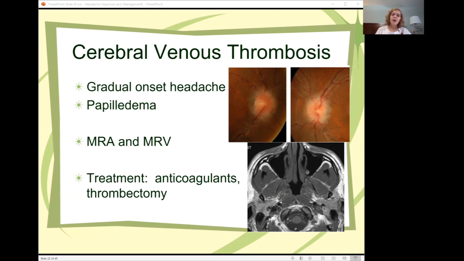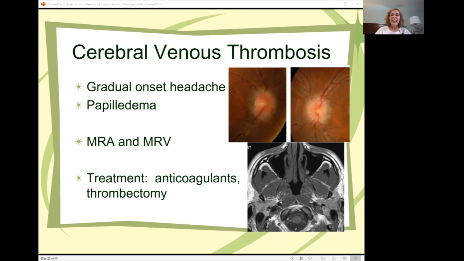A headache occurs in 90% of patients with cerebrovenous sinus thrombosis. It often is gradual onset, but may be sudden and severe.